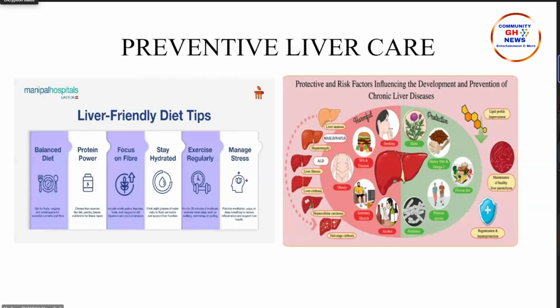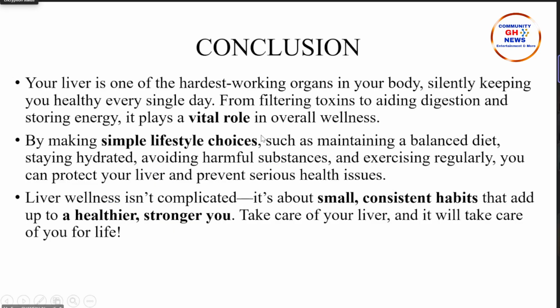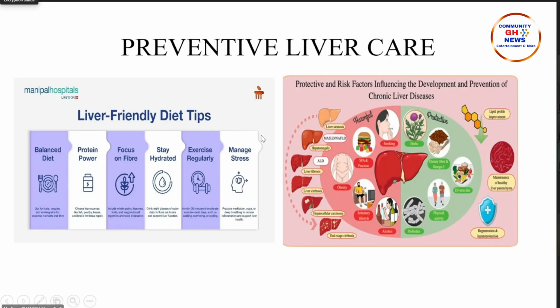So for hepatitis B, and for our liver, it's mostly about preventive measures that we have to put in place. That's the only way our liver can function the way it's supposed to, so that we can go about our activities the way we want without any hindrance.